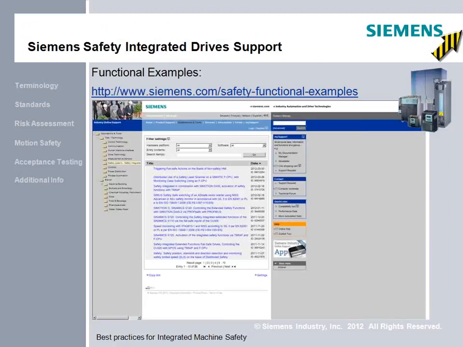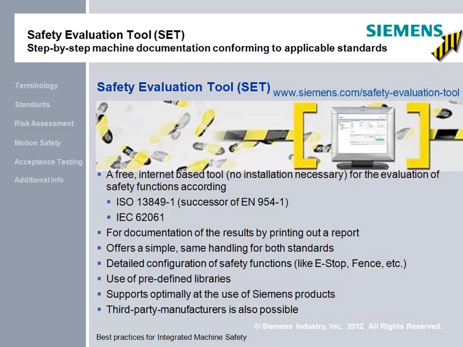Functional examples. I show a screenshot here of just the beginning of the list from Siemens of a wealth of functional examples that are documented and downloadable for your use. The safety evaluation tool. It's an internet-based online tool from Siemens.